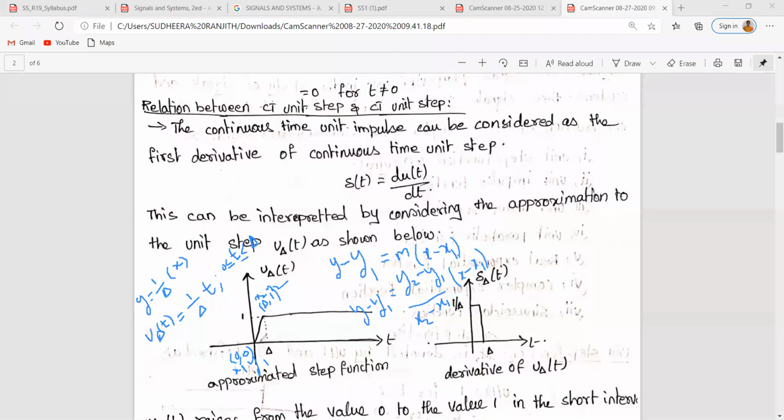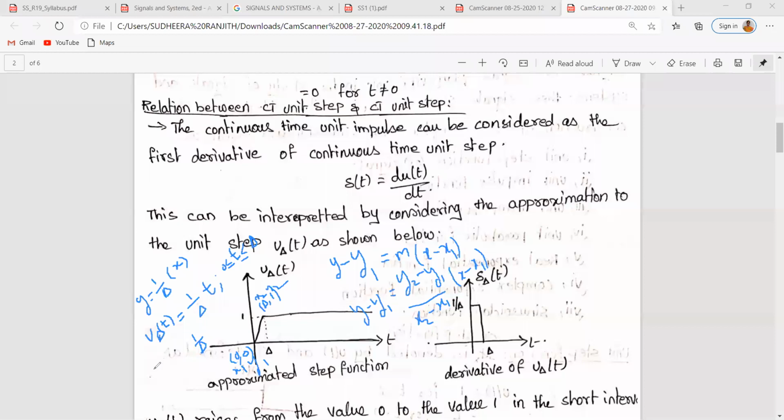So now we would like to find the differentiation of this u delta of t, isn't it? So d by dt of u delta of t is equal to, see, I can't write it properly, so I am directly taking the differentiation. What is the differentiation of t by delta with respect to time? 1 by delta, isn't it?